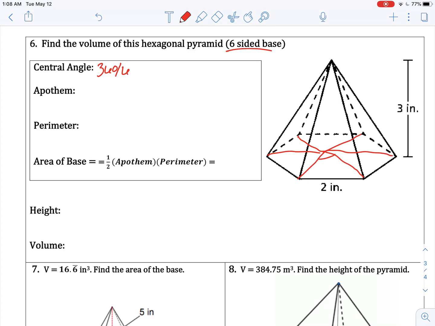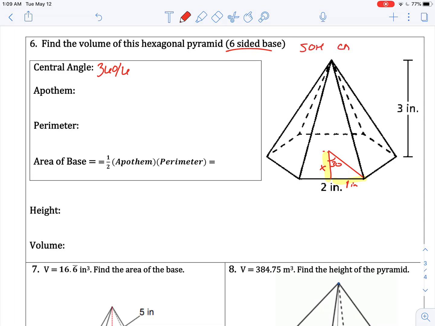And when we cut the central angle in half, we also cut the side length in half. So this is 1 inch, this is 1 inch, this is 30, and I want the apothem of x. So we said adjacent and opposite.